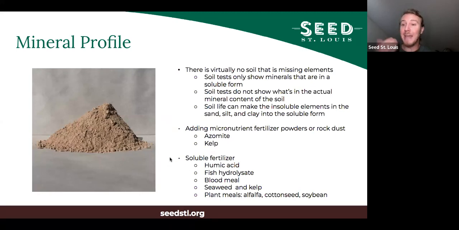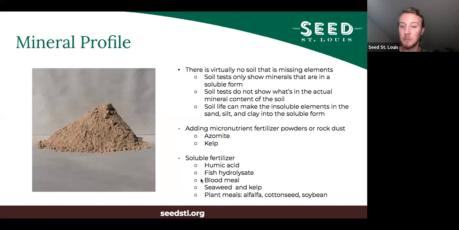And then if you want to be adding a fertilizer, if you're like, my yields are bad, I need them to be higher now, then some good fertilizers that you can get a quick response from that are not damaging to the life in your soil, if you're wanting to encourage that life in your soil, are things like this. Humic acids can really help boost the fungus in your soil. Fish hydrolysate, which is kind of like fish emulsion, has lots of good things.